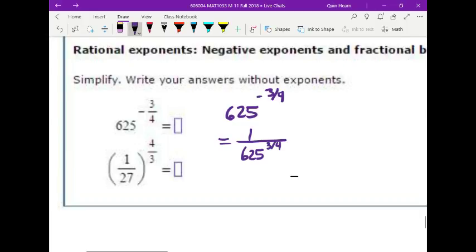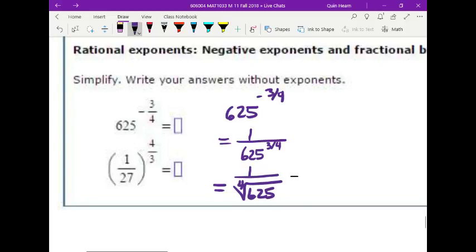Then and only then will you switch to radical notation. So remember, the top of the fractional exponent is the power, the bottom is the index of the radical. So that's going to be 1 over the fourth root of 625.